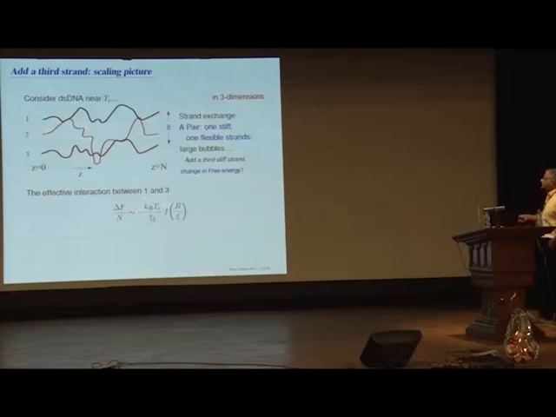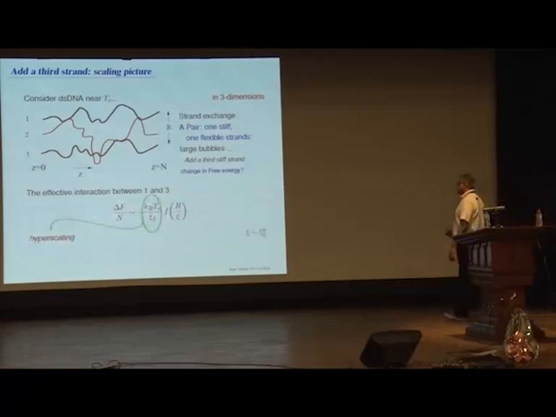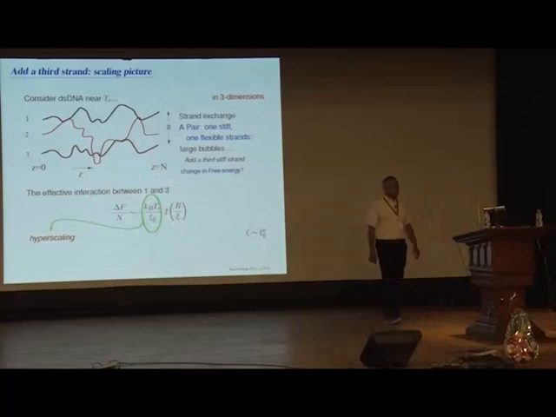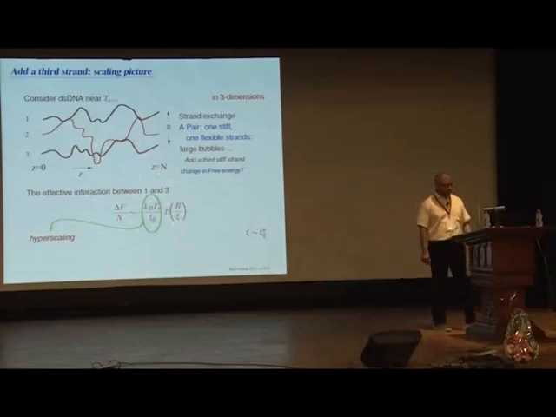The scale of energy close to Tc is kBTc, and with that thermal energy, the number of base pairs broken is xi parallel, and therefore delta F by N should be like delta kBTc by xi parallel, and that's actually what we need to understand melting. This is called hyperscaling, and if we use this and forget about that term, if there is no third strand, then that is enough to give us all the features of melting transition of this double-stranded molecule.